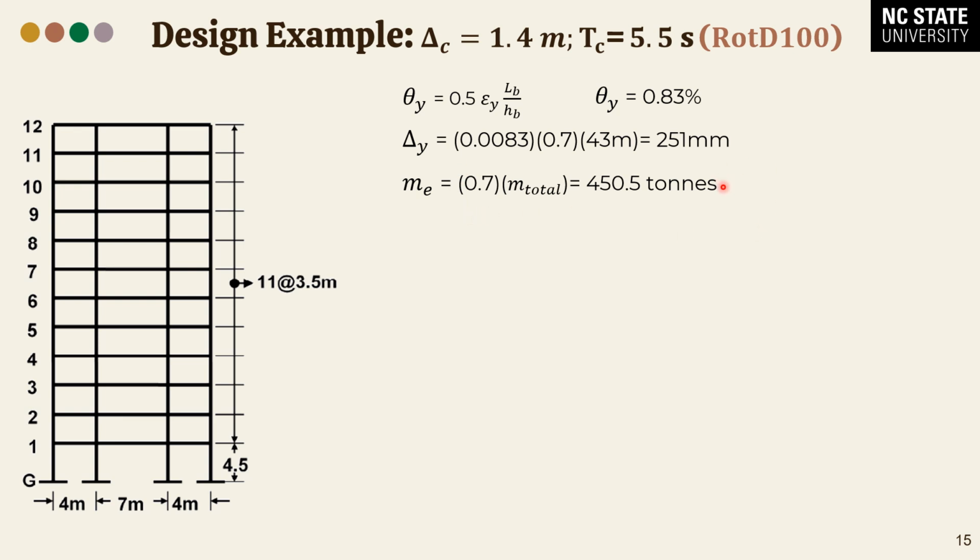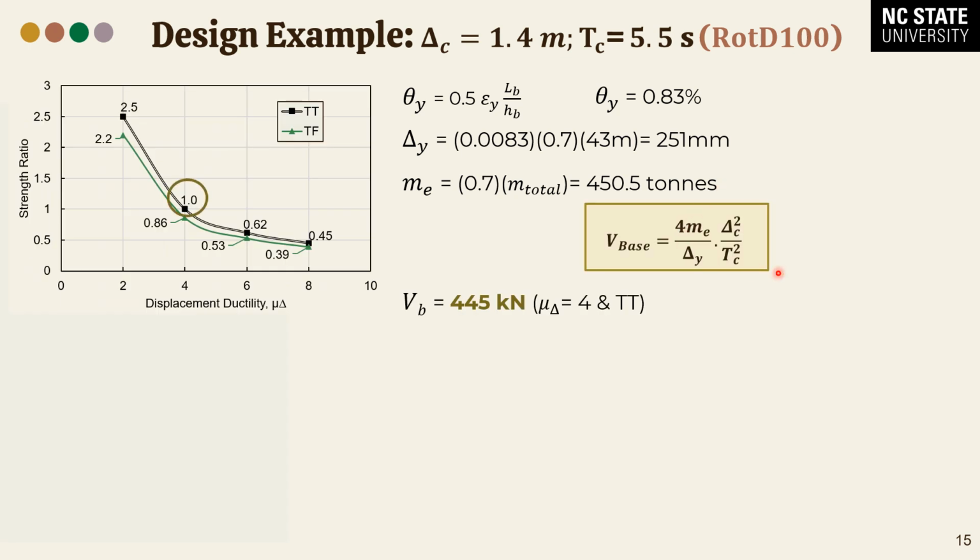So with these values, we use that simplification that he introduced, accounting for the simplification of the damping, and we calculate initially with our base strength, our baseline of ductility 4 for Takeda thin. As you can see here on the left, those relationships.